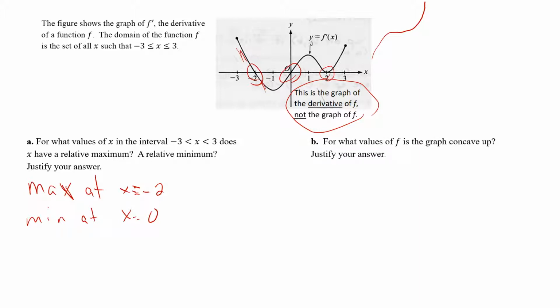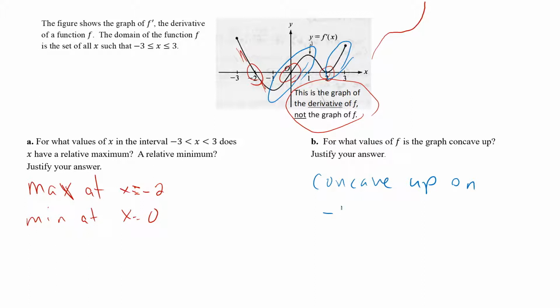And then for what values of x is the graph of f concave up? Well, the second derivative will be the slope of the derivative, so it's concave up when the derivative has a positive slope. Concave up from -1 to +1.